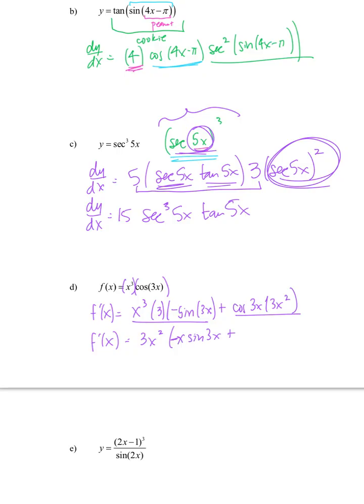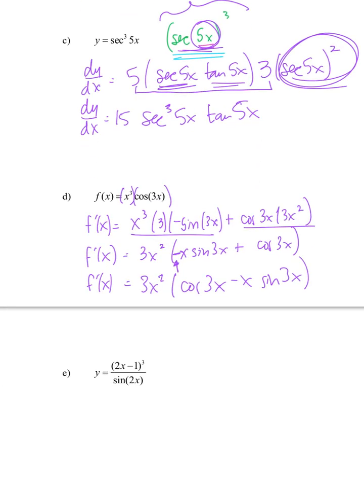And over here, I'm left with a cosine 3x. Now, I am going to switch that around. It looks funny to me to have this negative as a leading coefficient inside the parentheses. So instead, I'm going to write it as cosine 3x minus x sine 3x.